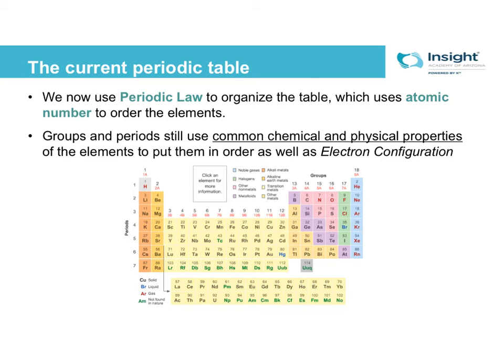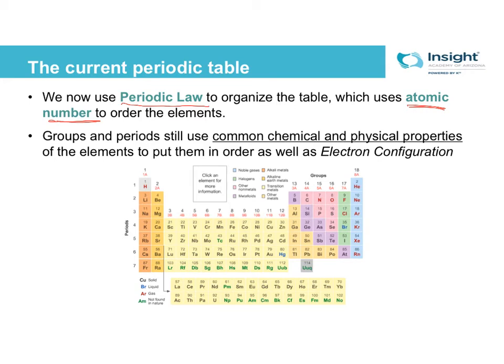Some key differences between our table and Mendeleev's is that we use what we call periodic law to organize the elements, and that is done by atomic number instead of atomic mass. There's only a few places where the atomic number and the atomic mass don't increase together, but that is important for the current periodic table.